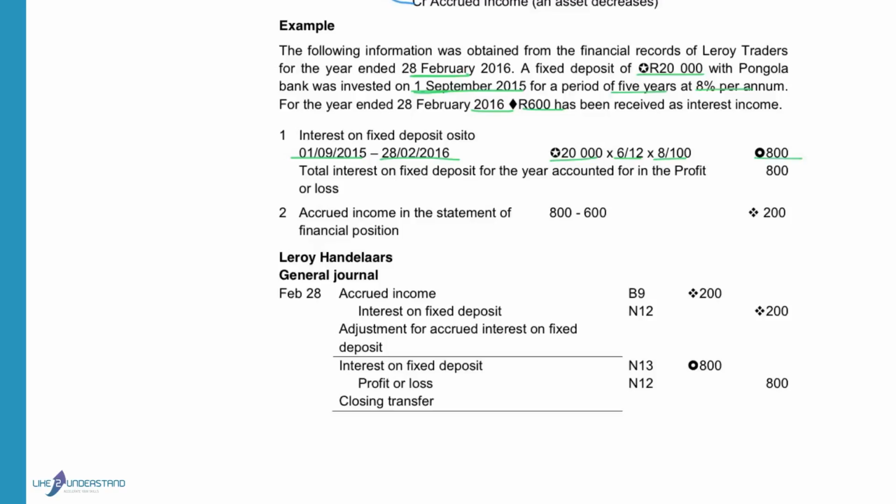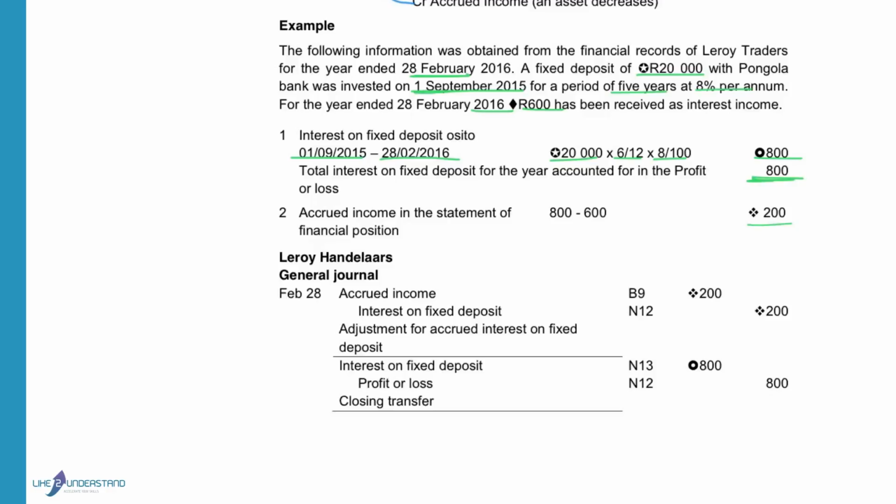The interest in the fixed deposit account that will be transferred to the profit and loss will therefore be the total amount, although it was not received in time, and 800 will go to the income statement. In the balance sheet, the 200 Rand that is still outstanding, that must still be received, will be recorded as a current asset of 200 Rand.